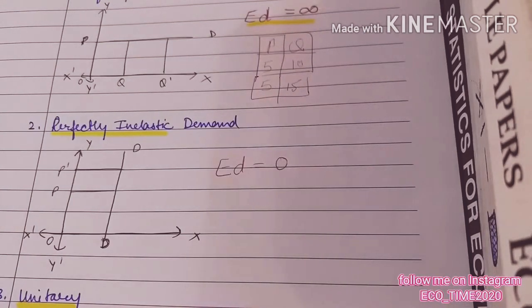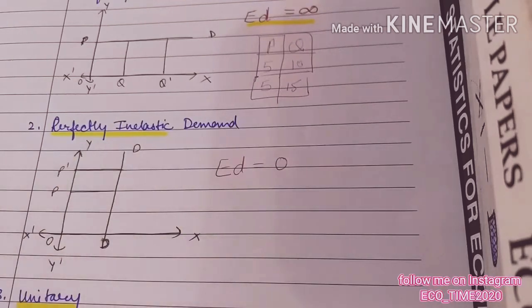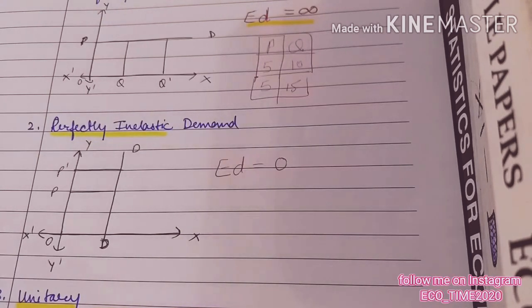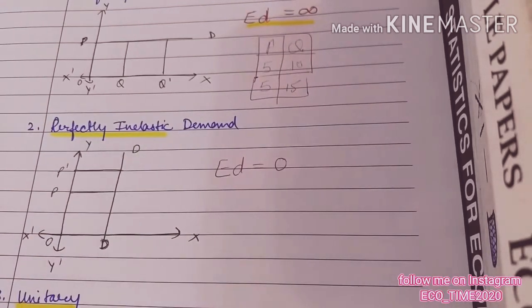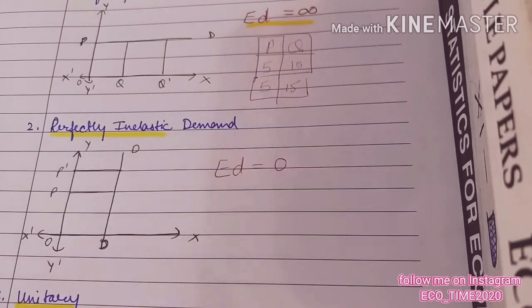Perfectly inelastic demand. The diagram for perfectly inelastic demand is such that, and elasticity of demand is 0 here. When there is no change in demand, then with the change in price, the demand for such commodity is said to be perfectly inelastic.